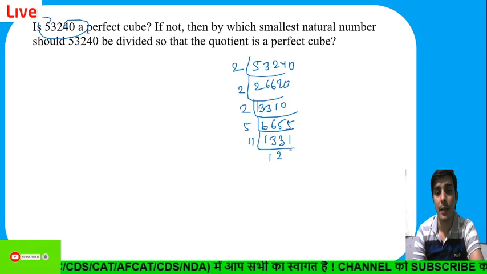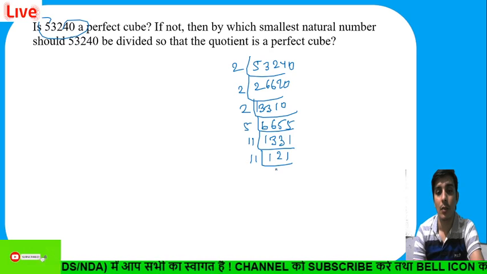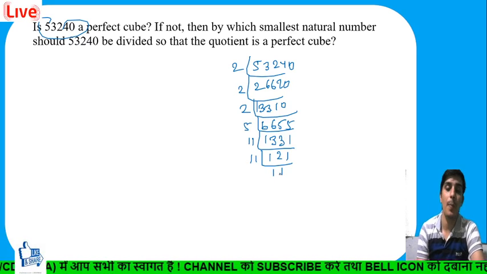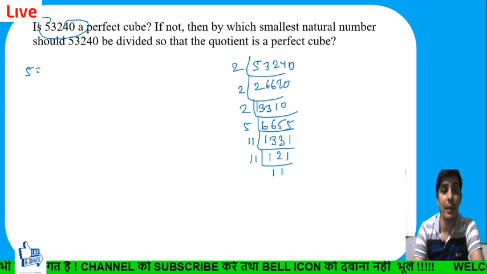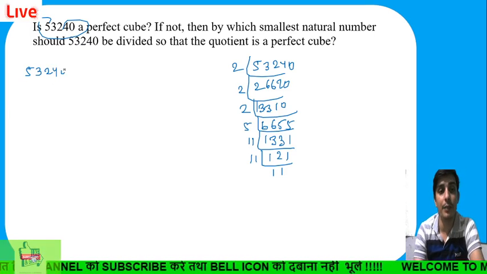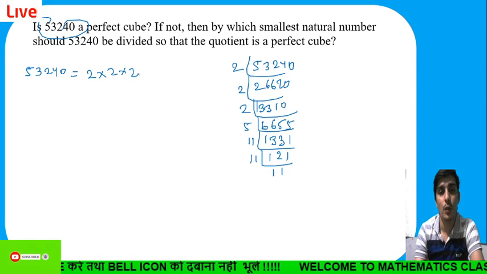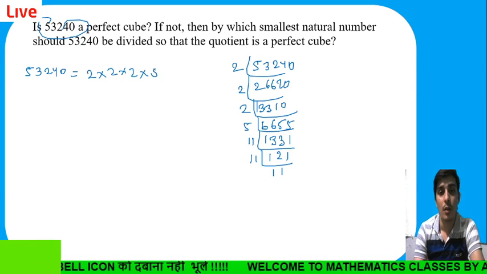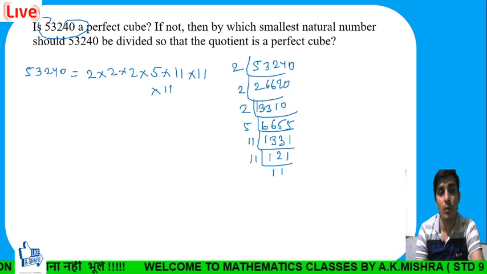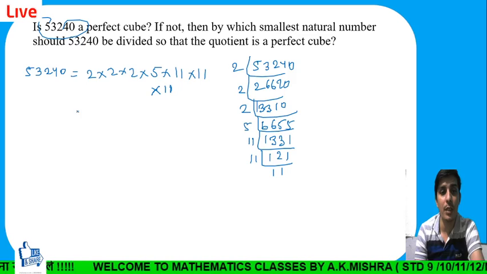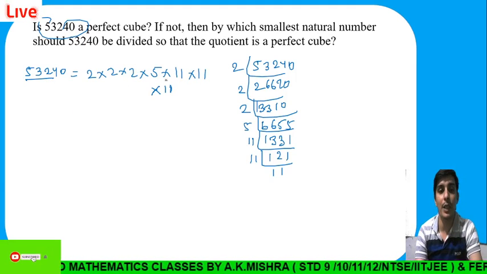So the prime factorization of 53,240 is equal to 2 into 2 into 2, 2 into 2 into 2, 5 into 11 into 11 into 11.